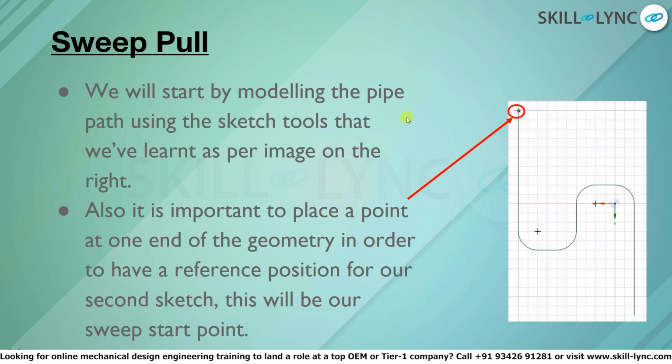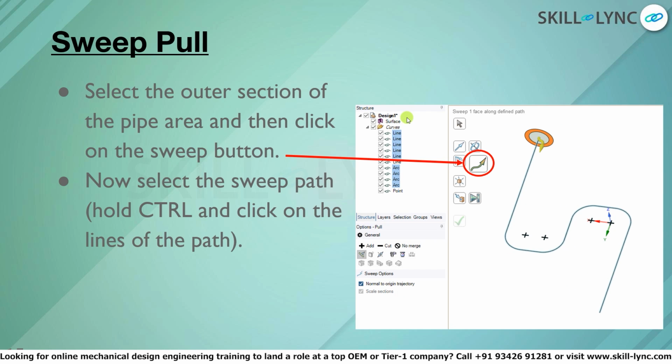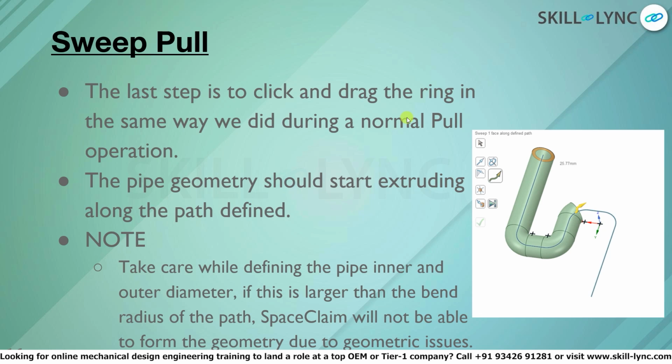So we've covered this, we've covered the different areas, the different selections, and here, this is an important note that I've said, where SpaceClaim is not able to autocomplete or form the geometry due to geometrical issues or errors, as we've encountered. It's something that when modeling or creating 3D geometry, you will, without a shadow of a doubt, come across such errors.